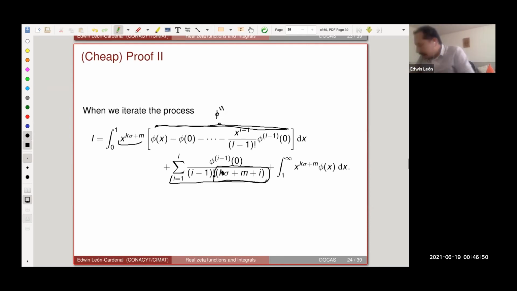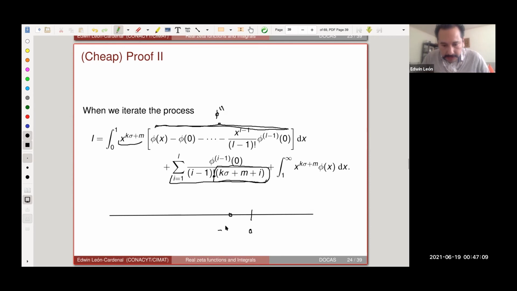So what you get is something like this. Here is 0. There is a blank spot here, that is minus m plus 1 over k, minus m plus 2 over k.